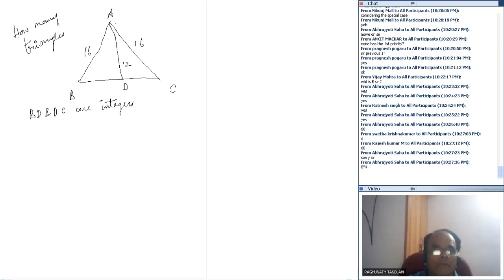Are you clear with the question? If BD and DC are integers. All of you are clear with the question? AB is 16, AC is 16, AD is 12, BD and DC are integers. How many triangles can be drawn?